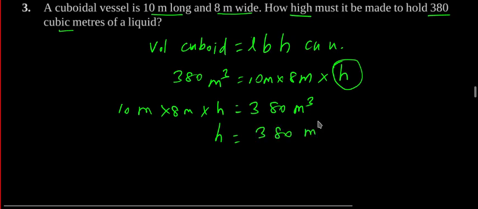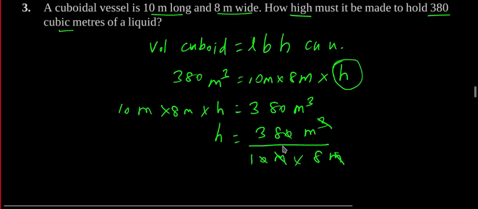380 meter cube divided by 10 meter into 8 meter. So 2 meters and 1 meter, the meters cube will get cancelled, 1 meter will be left over. And this 0 will go.